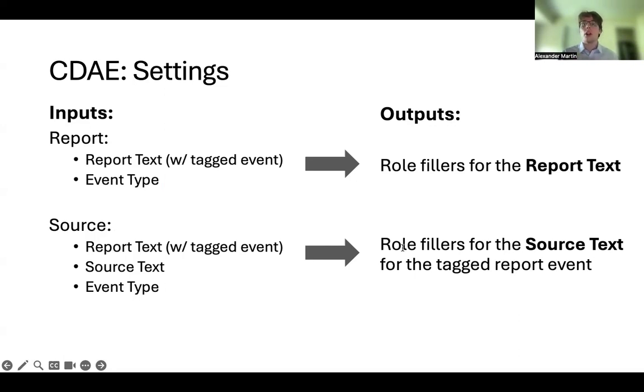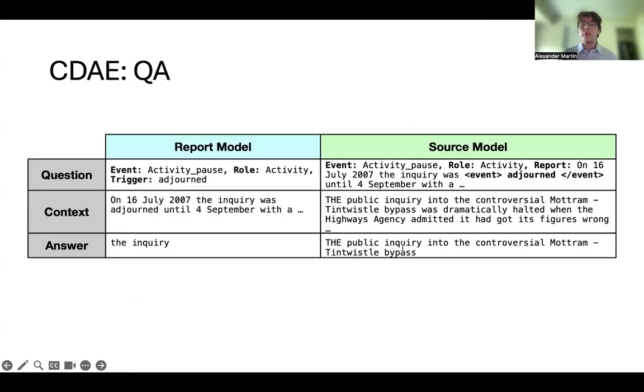To do cross-document argument extraction, we do two different types of modeling. First, we follow a popular reframing of event extraction as QA done by Du and Cardie, framing our template extraction as question answering, where the question is the event, the role, and the report text with the tagged event trigger.